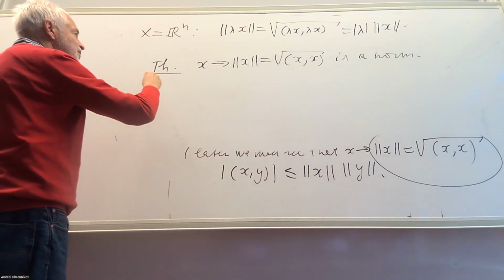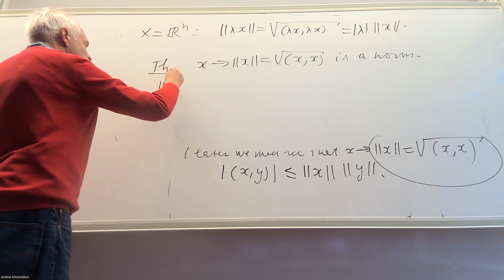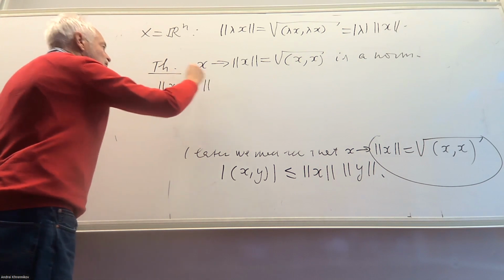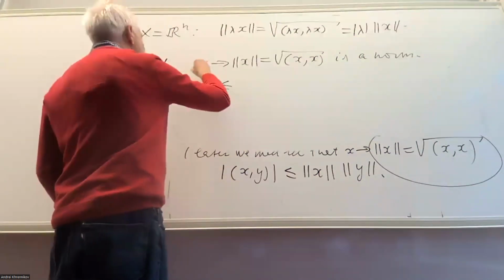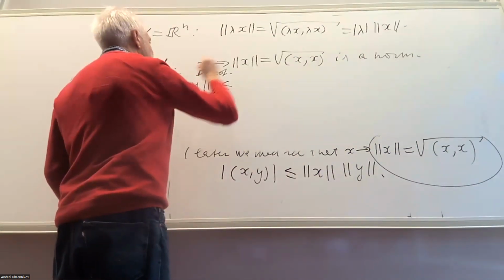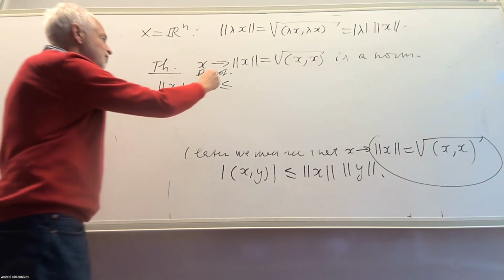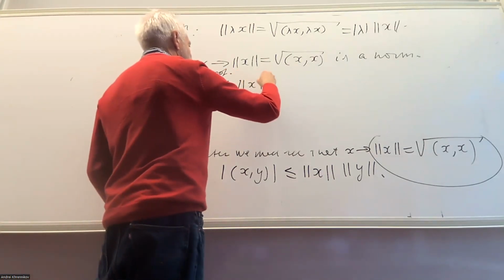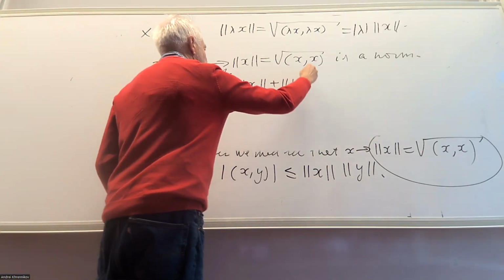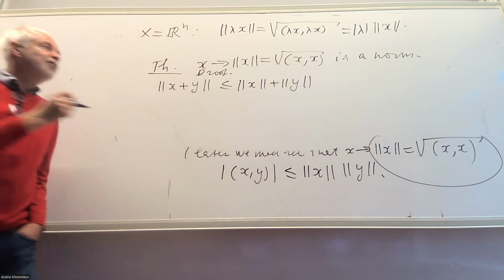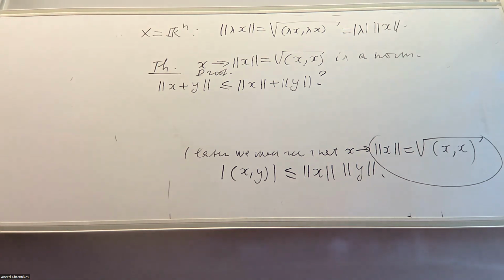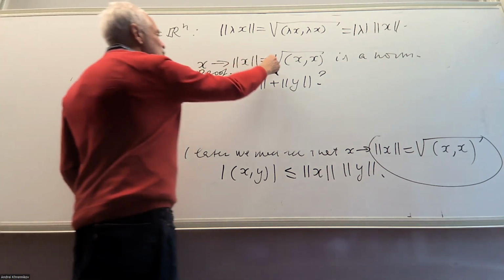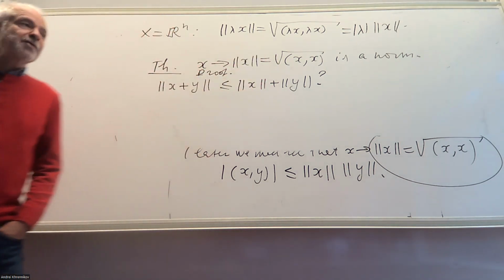So we want to prove this inequality. Since the square root is not a good guy, it's better to work with squares.